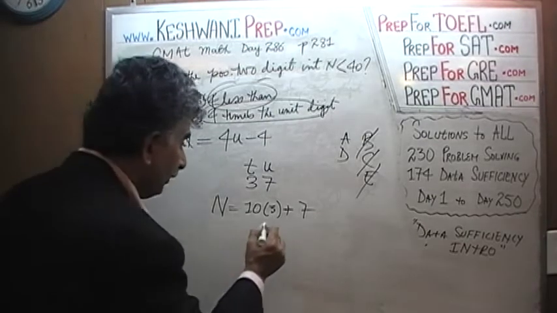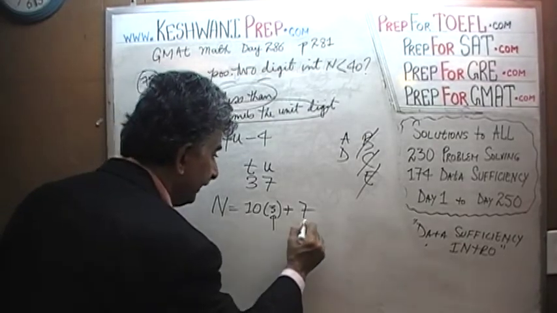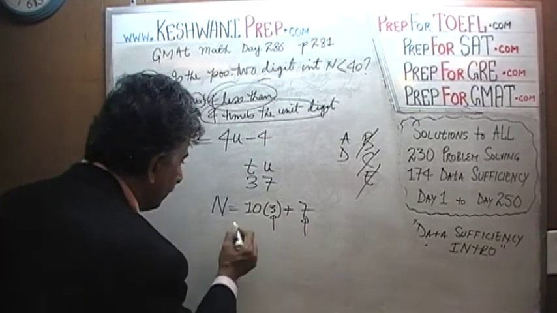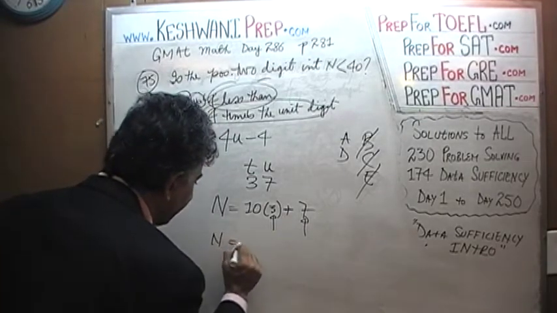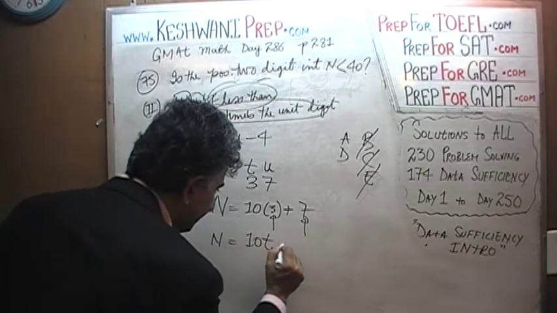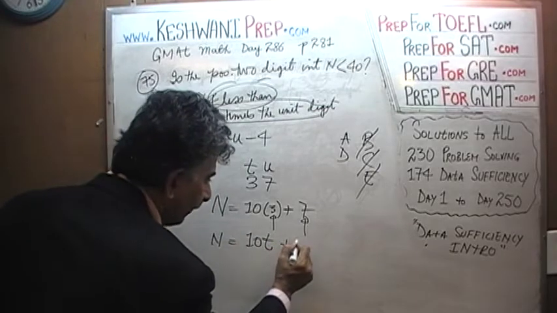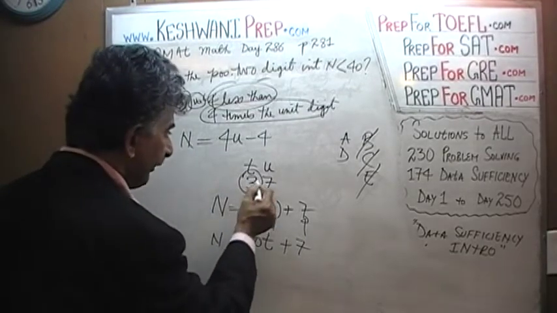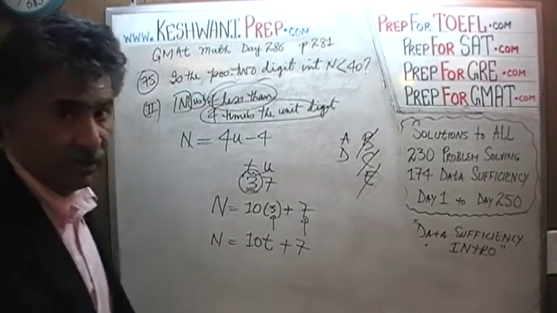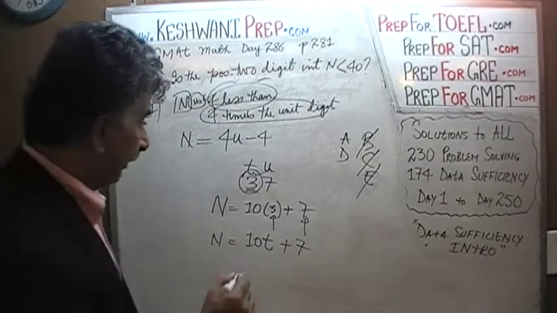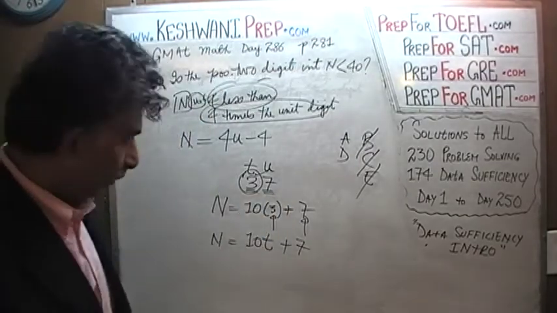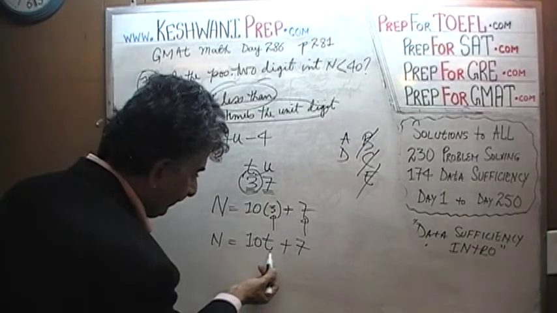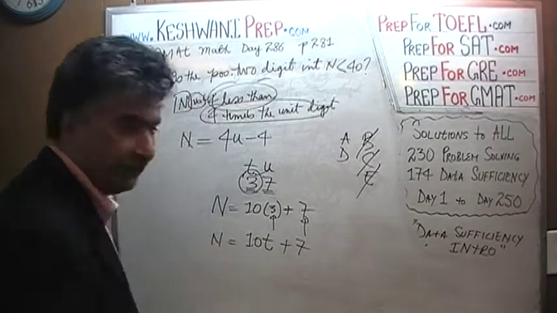Now, if we did not know the values of t and u, we would write this as n equals 10 times t, which is the 10 digit, plus u, the unit digit, which makes perfect sense because the 10 digit represents how many tens there are. 37 tells us that it has 3 tens, and 7 tells us there are 7 units. So 3 tens, whatever the t happens to be, plus 7 equals n.